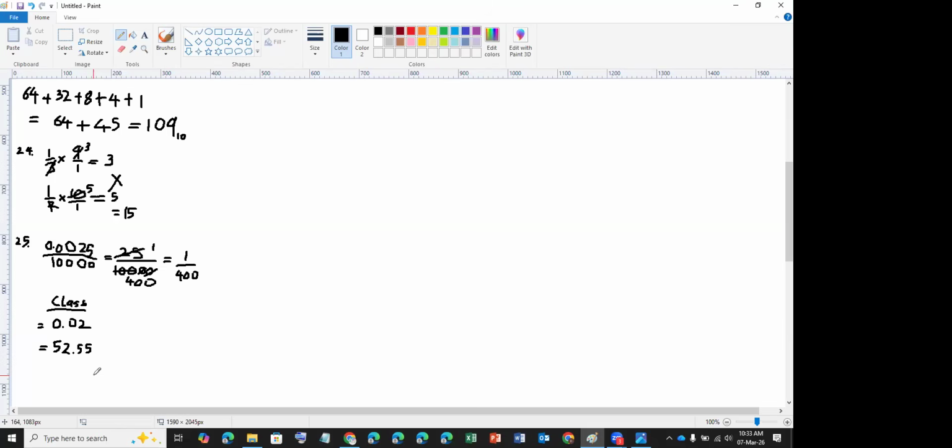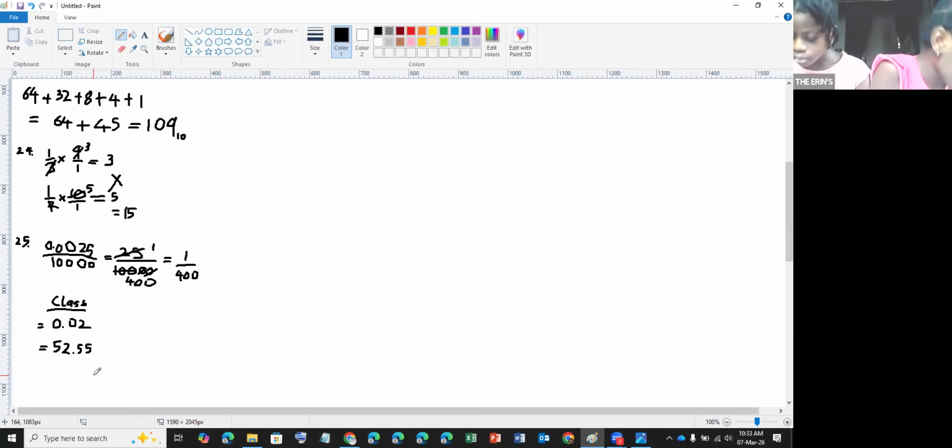Both of them are to be changed to fraction. Okay. So you wrote 52.55 and 55. Is it 52.55?